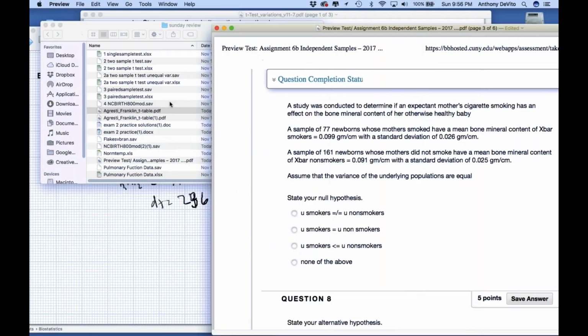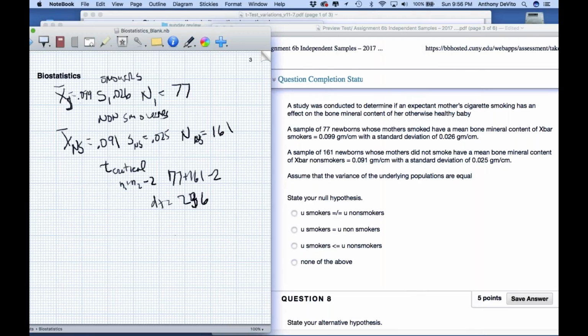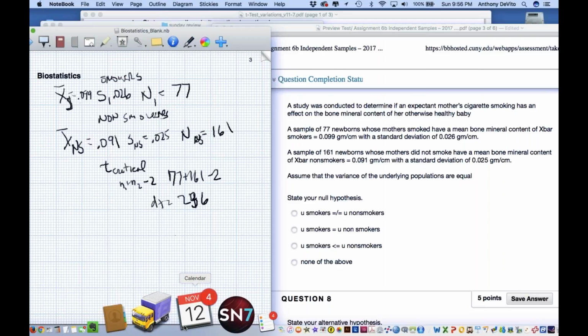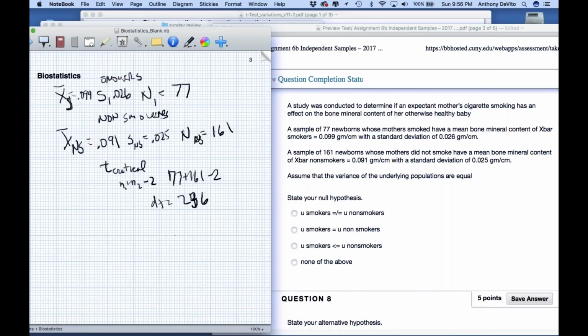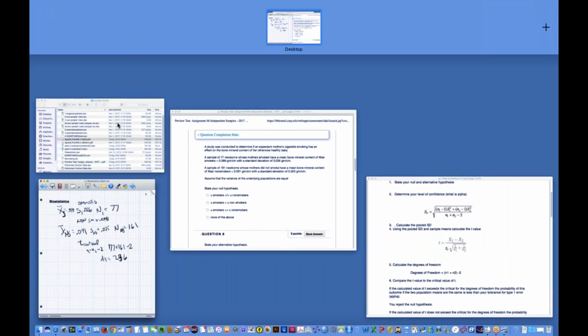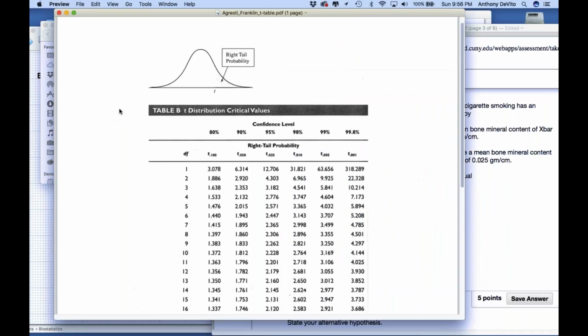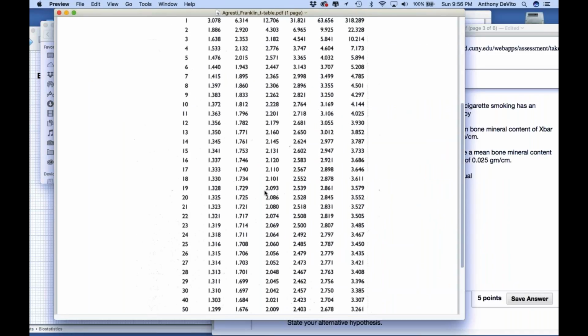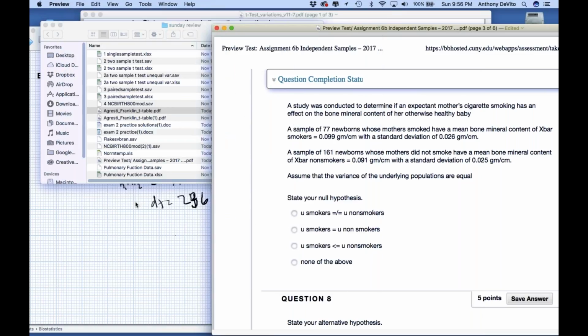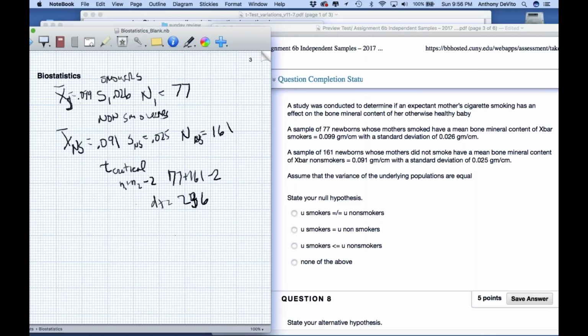Had the combined sample size turned out to be 17, so 16 degrees of freedom, my critical value of t would have been 2.12. But in our case, it's going to be 1.96 because it's such a large sample size.